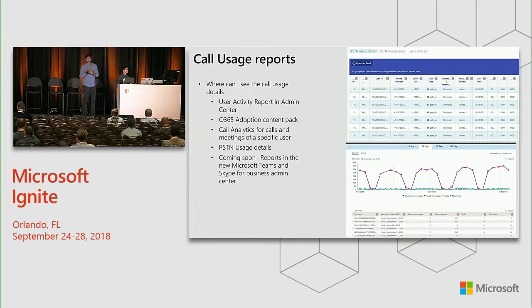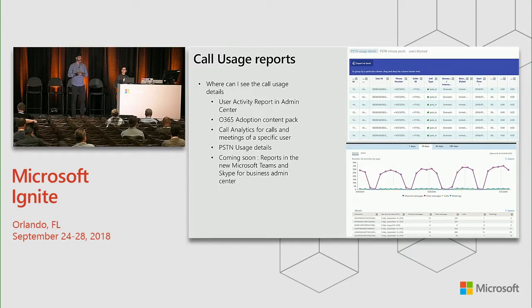So these are some of the areas where, at this point of time, you can go and get usage reports. In addition to this, one specific thing that I want to call out is the Adoption Content Pack. Adoption Content Pack is a great resource. You can pull data out. Think about this as the intermediate stage between the data, the APIs that we want to provide, plus the canned reports that we have.